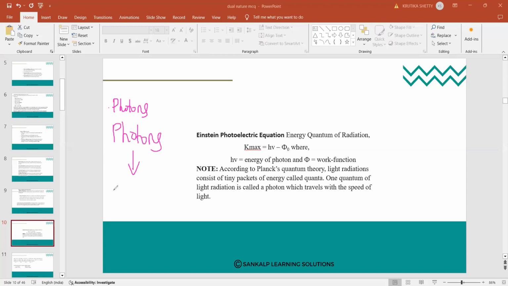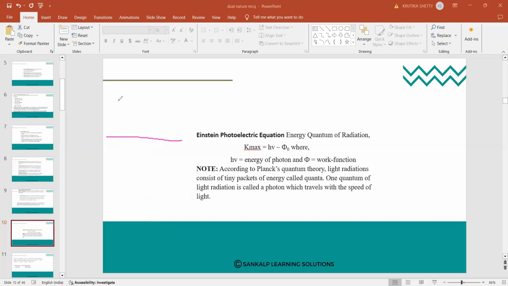What do you mean by photons here? These are small energy packets. Small energy packets are called photons. So according to Einstein, here is what happens when light of suitable frequency falls on the metal surface.